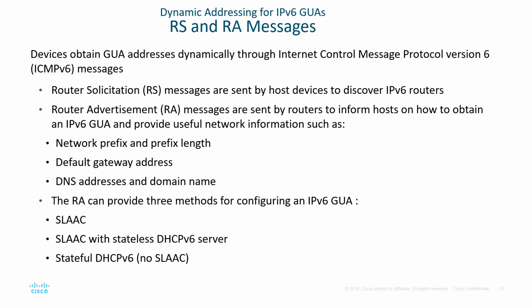Now these 3 different methods, SLAAC, the first one, is the default. The other 2 are choices of the admin within the organization. And we're going to break those down.